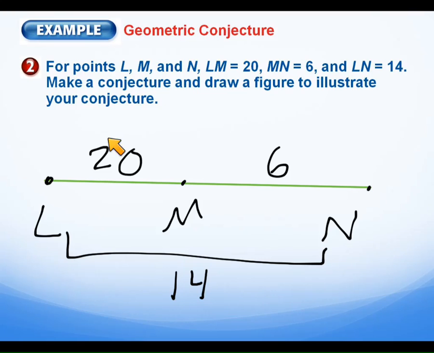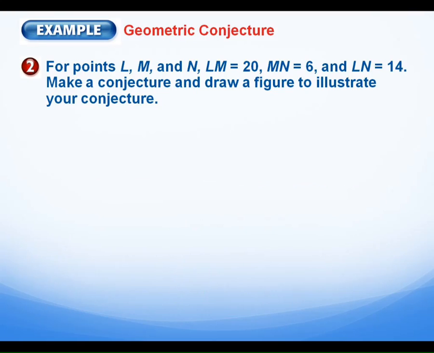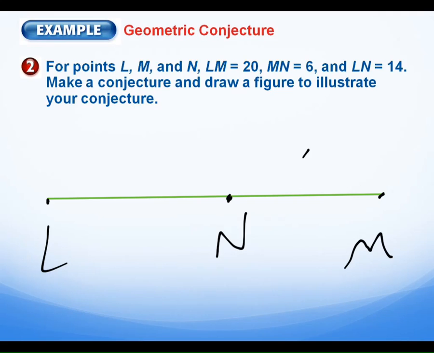Yes, one conjecture you could say is... wait, my picture is wrong though. Man, that's way off, isn't it? That doesn't make any sense. Sorry, LM is the long one. Let me redraw that. LM is 20, MN is 6, and LN is 14. There we go.